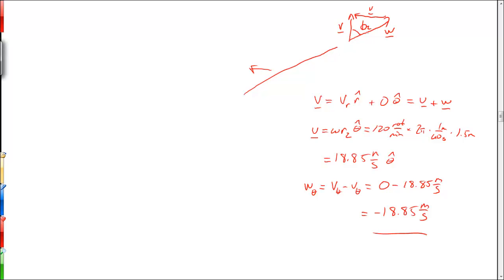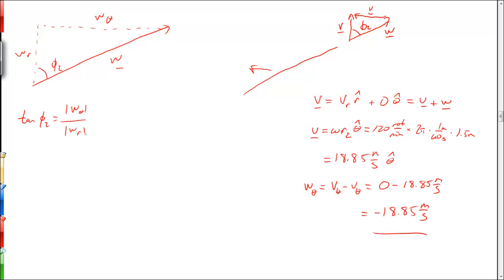Now, we also need to know what WR is so that we can find the components here, right? Because if we draw W a bit larger, we see that we have an R component and a theta component, and this angle here, phi2, will be determined when tangent phi2 equals the absolute value of W theta over WR.